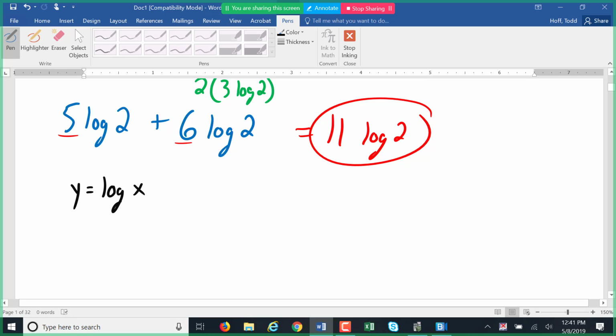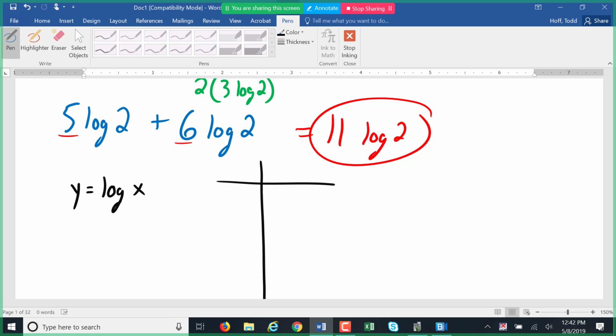So we graphed our exponentials. Let's graph our logarithms. If I want to graph y equals log of x, remember this is assumed to be a log base 10 of x. In our standard exponential, y could never be less than 0.